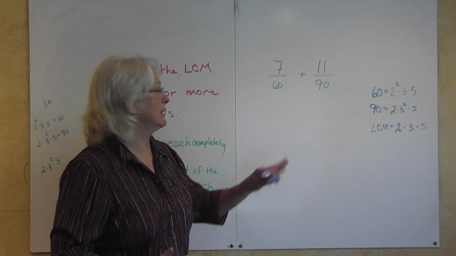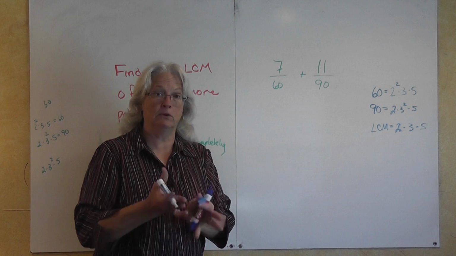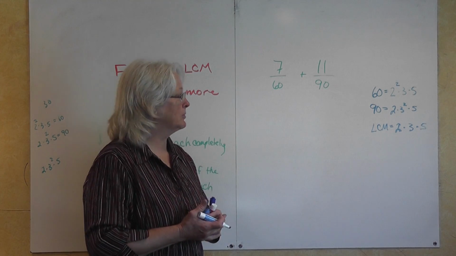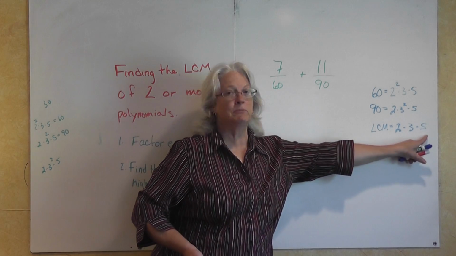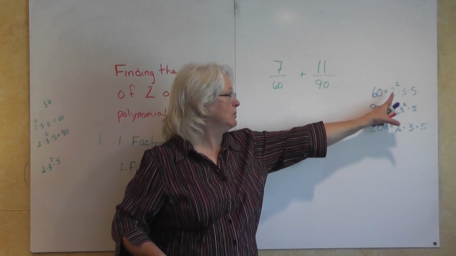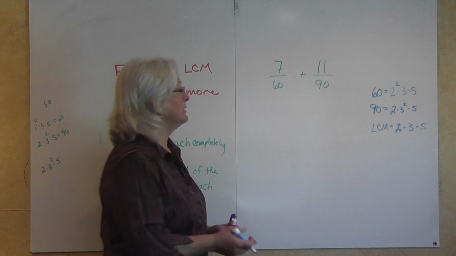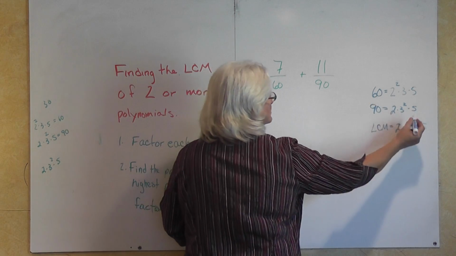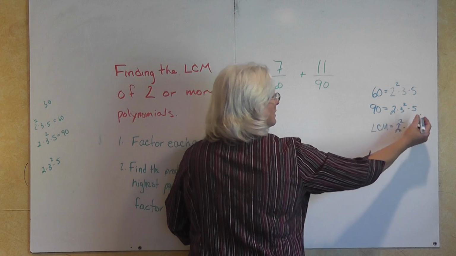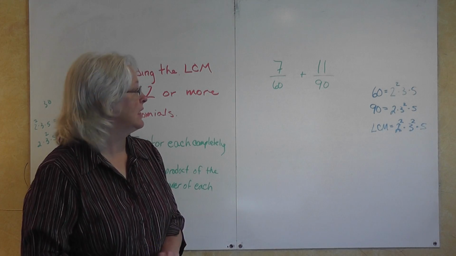Well, obviously 30 is not a common multiple of 60 and 90, so we haven't completed our prime factoring, pulling those factors together properly. First we pick each prime number, and then we look at all of the numbers that we've factored here, and we use the largest exponent of any of those factors that appears. We have 2 to the first, 2 squared, so our least common multiple has 2 squared. We have 3 squared here, 2 squared times 3 squared times 5.